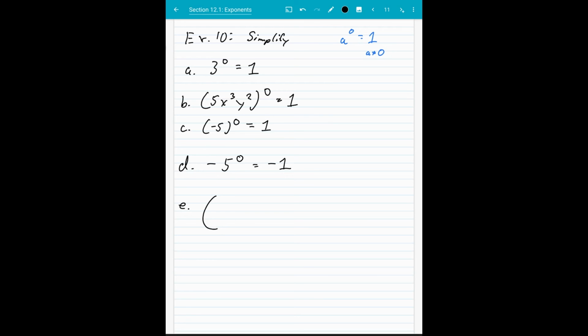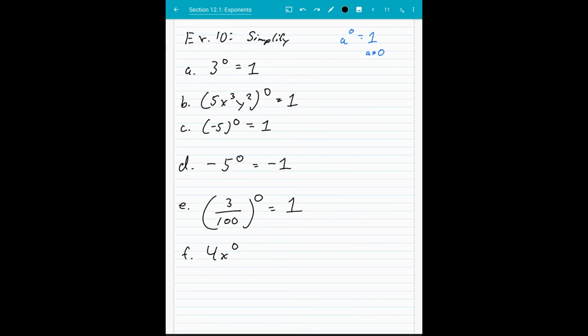E, this says 3 over 100, all to the 0 power, which is equal to 1. So that entire thing would be equal to 1 because all of this right here is raised to the 0 power, which makes 1. If I do F, 4x to the 0 power, notice it's not the entire thing that's raised to 0 power.